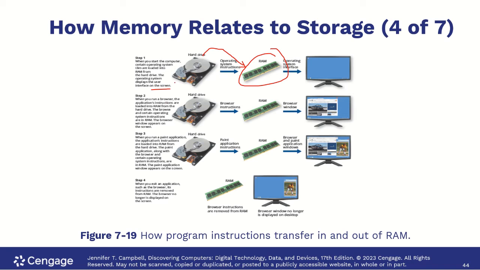When you run a browser, the application's instructions are loaded into RAM from the hard drive. The browser and certain operating system instructions are in the RAM. The browser window appears on the screen.